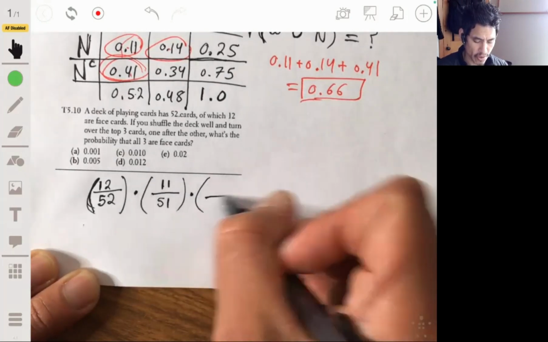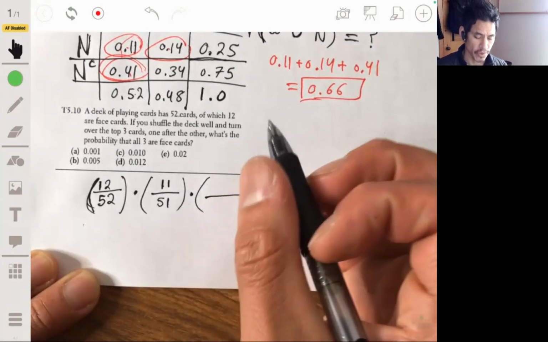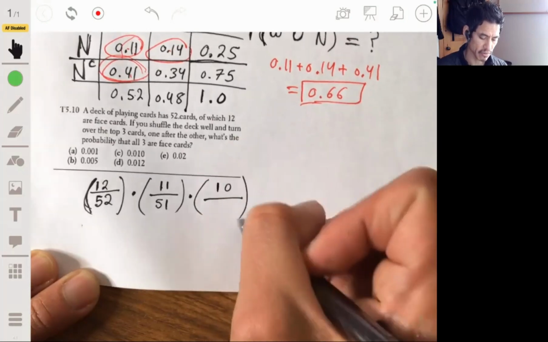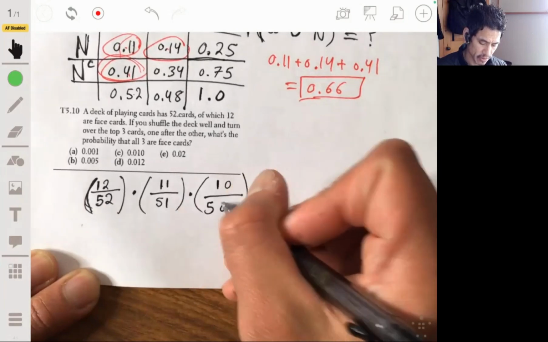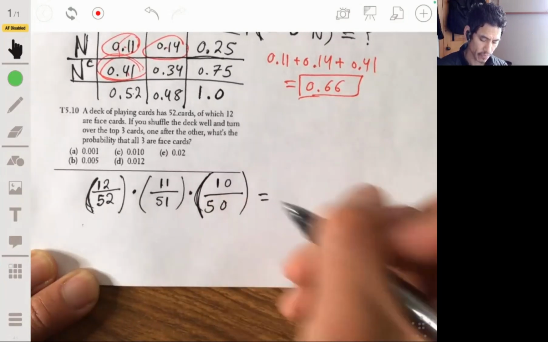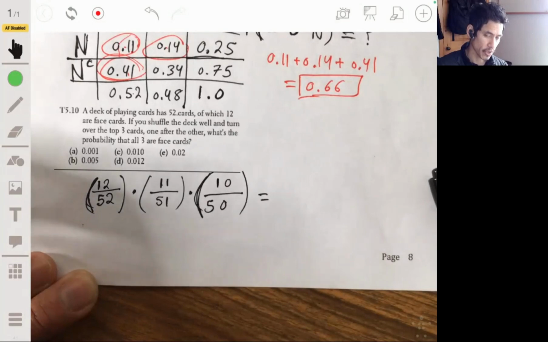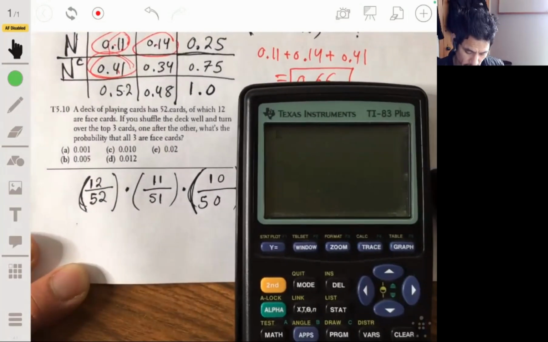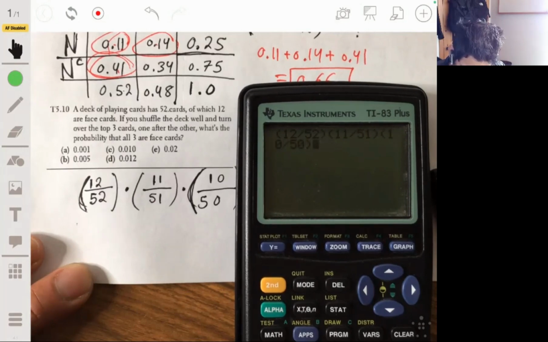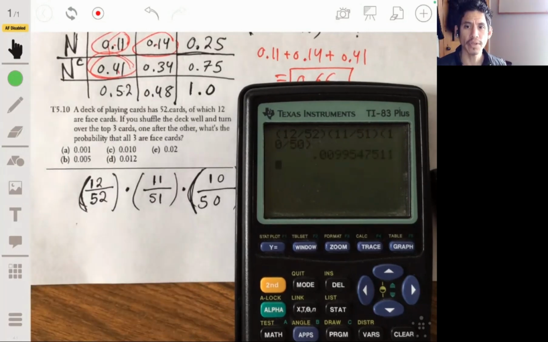And then on the third draw, you only have 10 face cards left because you already drew 2 of them. And then you only have 50 cards left because you already drew 2 out of the 52. So you multiply those 3 fractions by one another, and it'll be 0.0099.